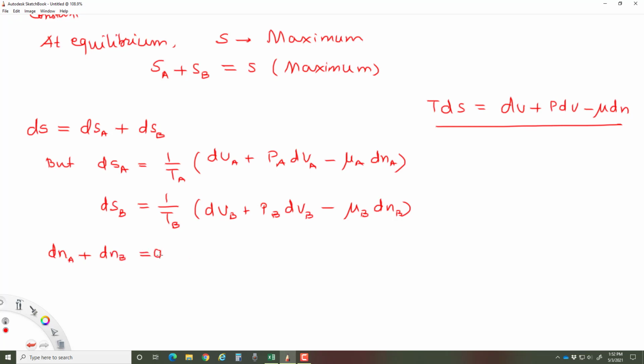And dVA plus dVB is equal to 0, and dUA plus dUB is equal to 0. So we can write this as dNA is equal to negative dNB, dVA is equal to negative dVB, and here dUA is equal to negative dUB.